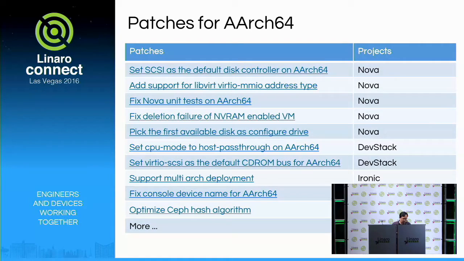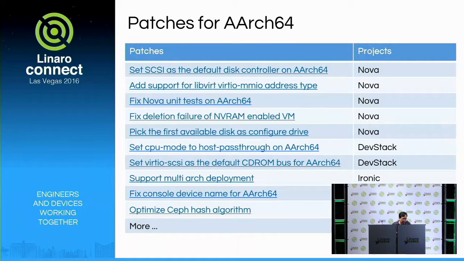Another patch I want to introduce, the last one, is about Ceph. We are using Ceph as the back end of our storage service, object storage or block storage. We did some optimizations for Ceph storage.